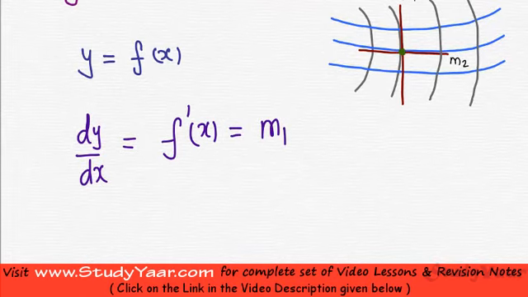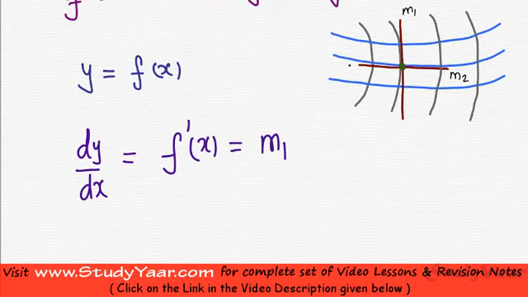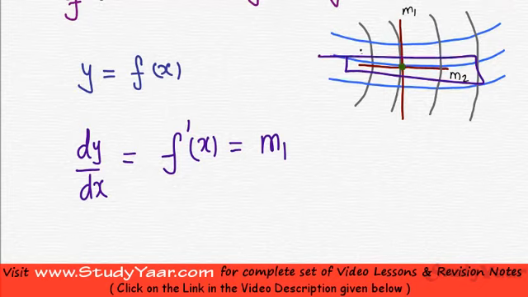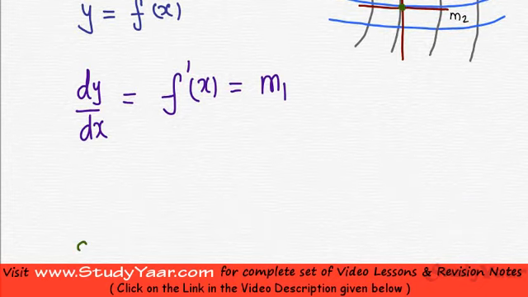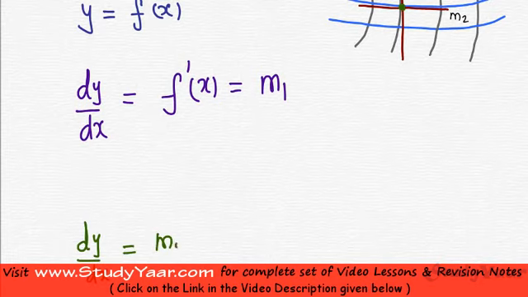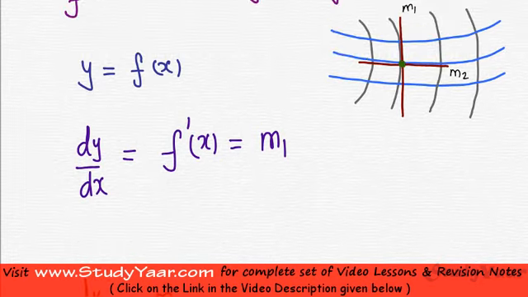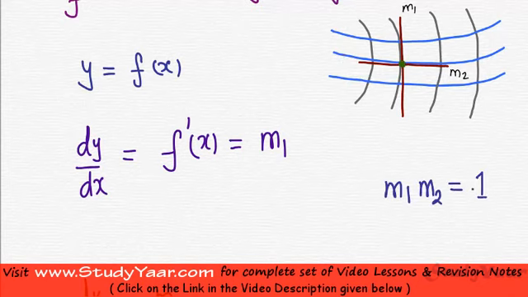What would be the slope of the other tangent? Let us suppose its slope, dy by dx, is equal to m2. But since these two tangents are perpendicular to each other, we know that this relation exists between them: m1 into m2 is equal to minus 1.